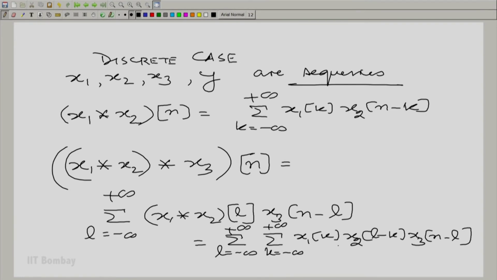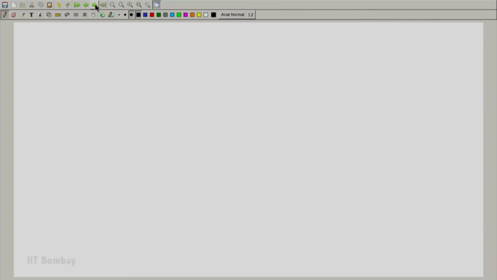So, let us write down the result of the other side, x1 convolved with the result of convolution of x2 and x3. Let us write down the expression there. So, look at this expression here. Here we have essentially calculated x1 first convolved with x2 and then convolved with x3. Now, what we shall calculate is x1 convolved with the result of convolution of x2 and x3.